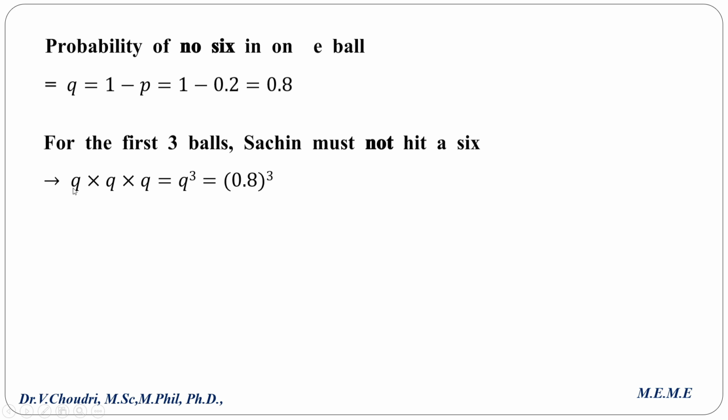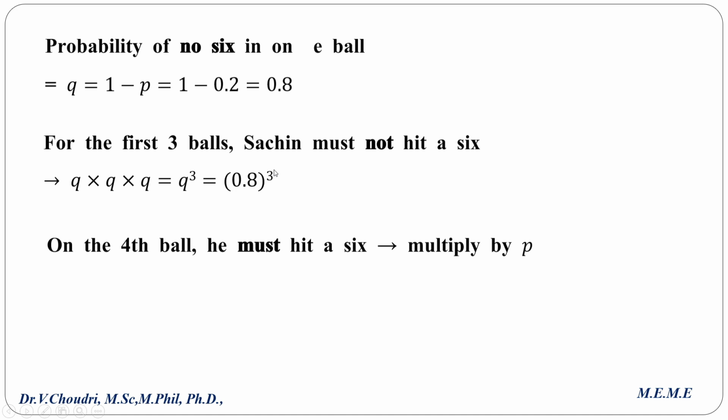So first ball is a failure, second ball is a failure, third ball is a failure. So q into q into q, q power 3, 0.8 power 3. So what about the fourth ball? Six. Fourth ball six means success. So multiply by p. So q power 3 into p, that is 0.8 power 3 into the probability of success, 0.2.